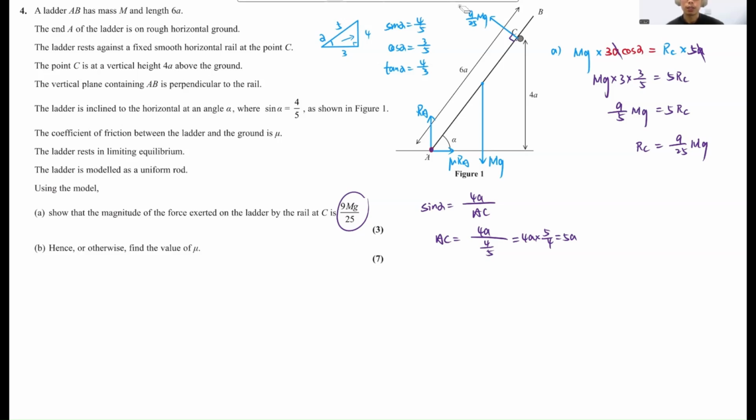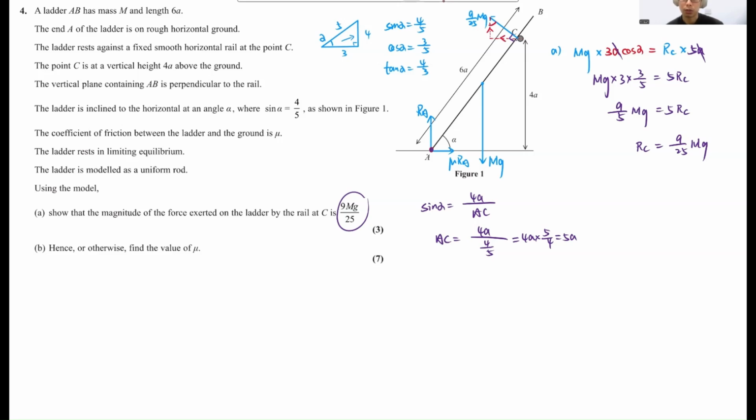We can let force going up equal force going down. We need to resolve 9mg/25 first, because RA is in the vertical direction, mg is in the vertical direction, and mu RA is in the horizontal direction. So only 9mg/25 is not in the vertical or the horizontal direction. That's why we need to resolve it.